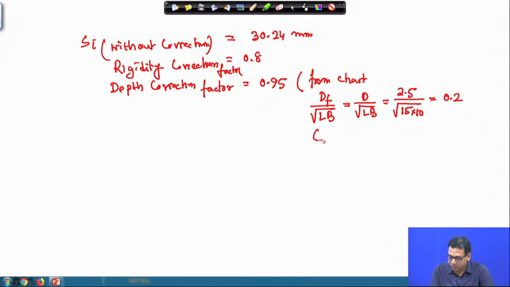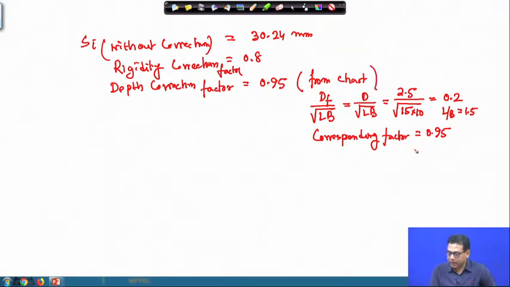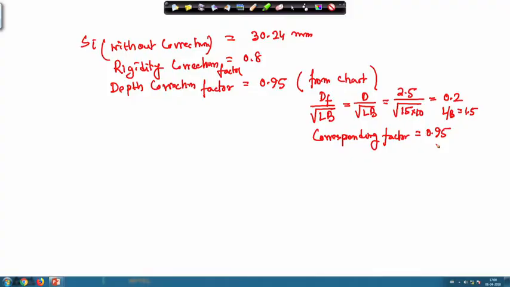Corresponding to that, the factor is equal to 0.95, and then L by B is equal to 1.5. So, the corresponding factor is 0.95 that we are getting from the chart.